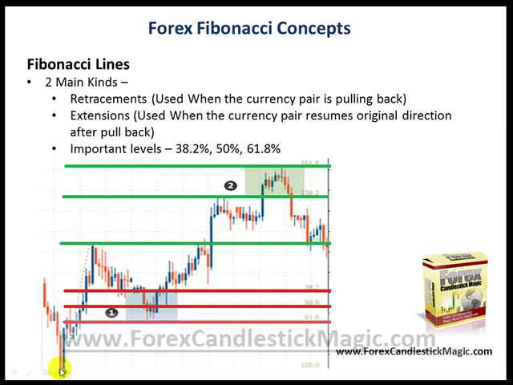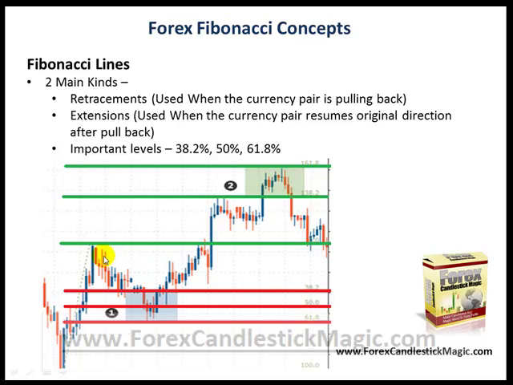If you look here, the currency pair started its upward journey starting from here. Then it continued up till here, and then it had a pullback. When the pullback happens, using the charting service that you use, you can plot these three lines, which are the 38.2% Fibonacci retracement level, 50% retracement level, and 61.8.